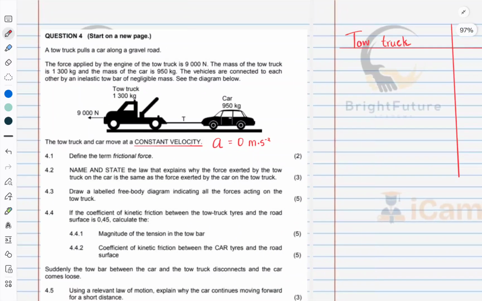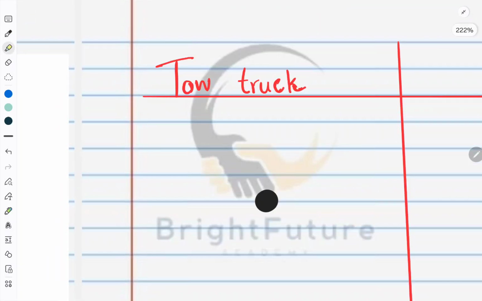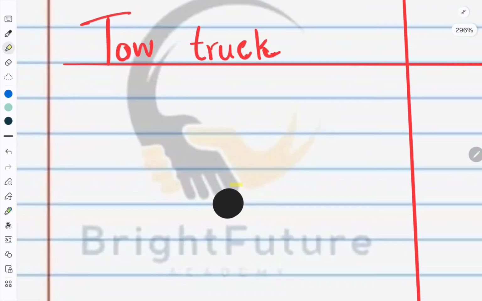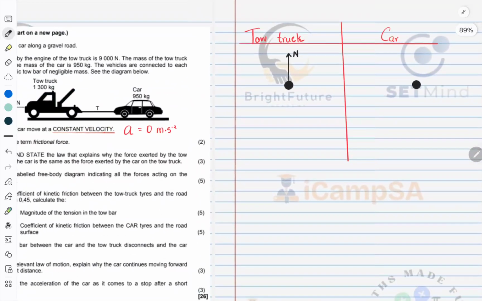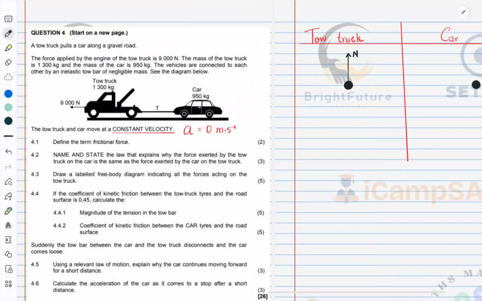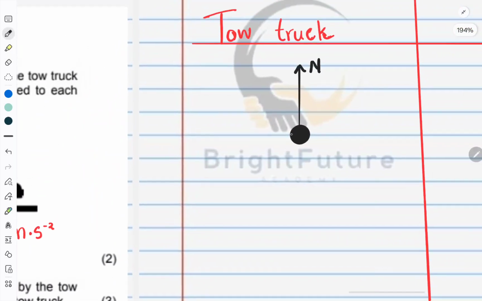So yeah, let's start with the tow truck. Our tow truck has a normal force. And what else does it have? It has the force being applied by the engine, which is to the left.